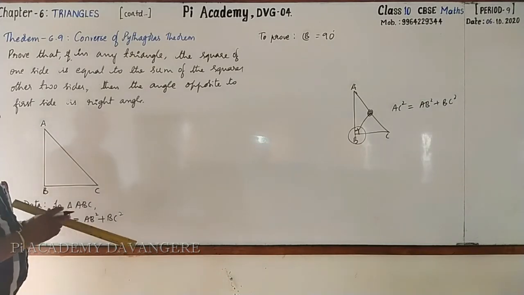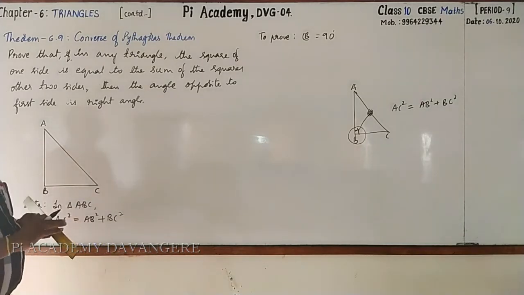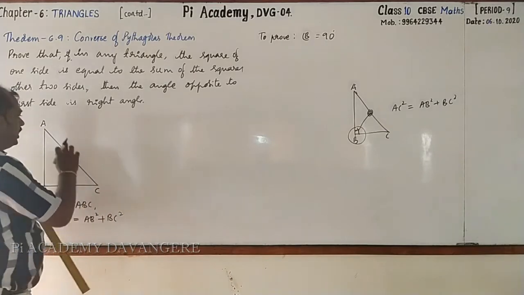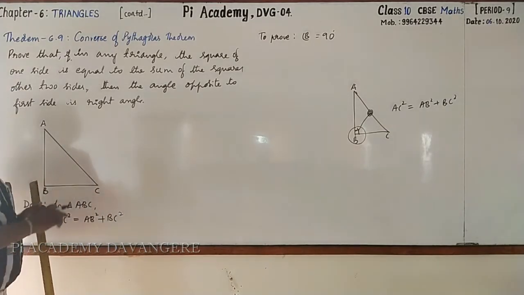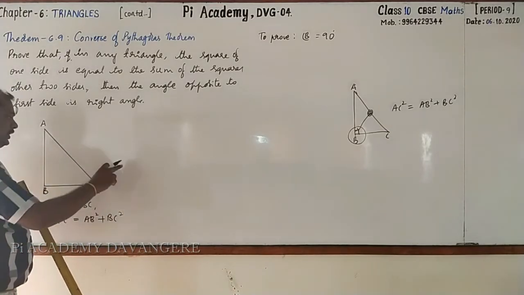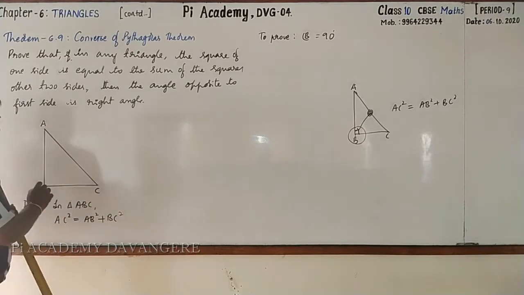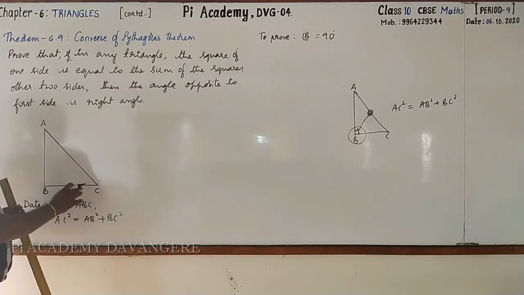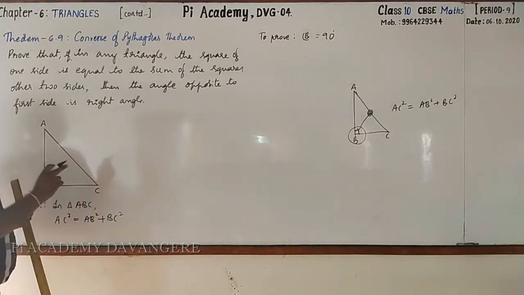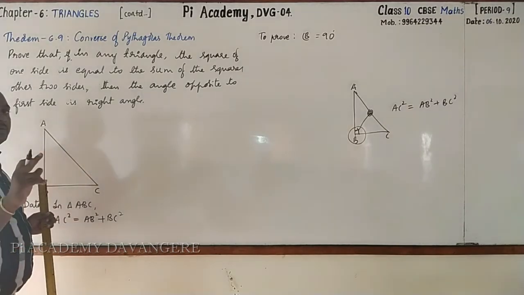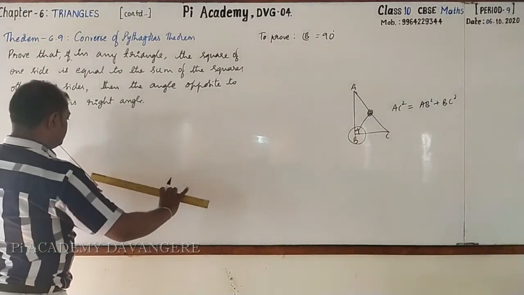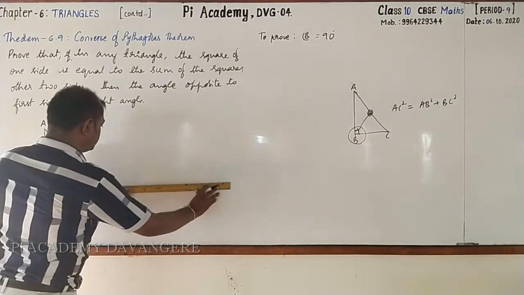To prove this, we need to go for construction. What is that construction? We have to draw another triangle PQR, such that AB equal to BC, and one angle is 90 degree. Let me draw one such triangle.